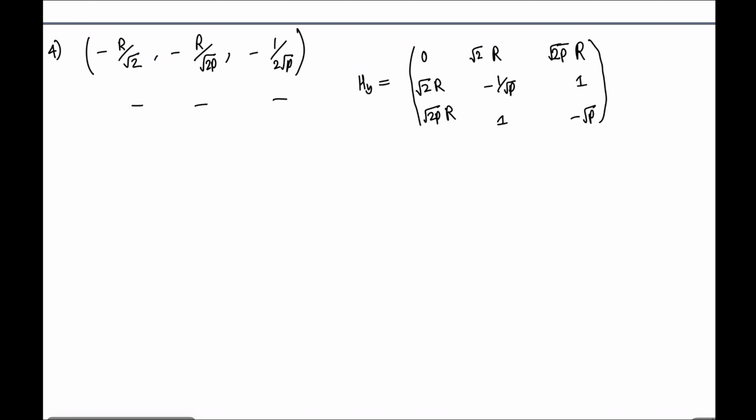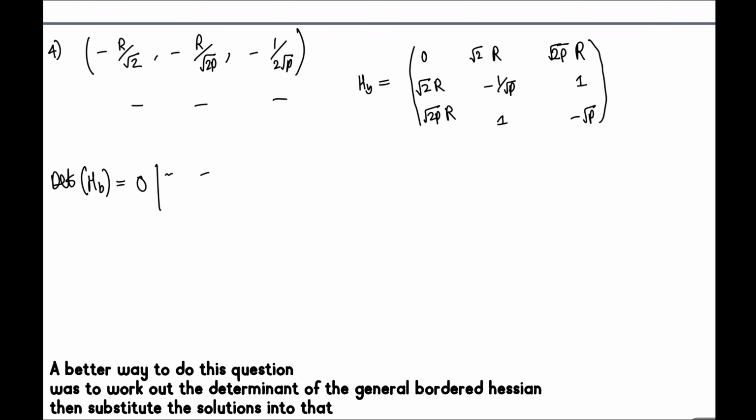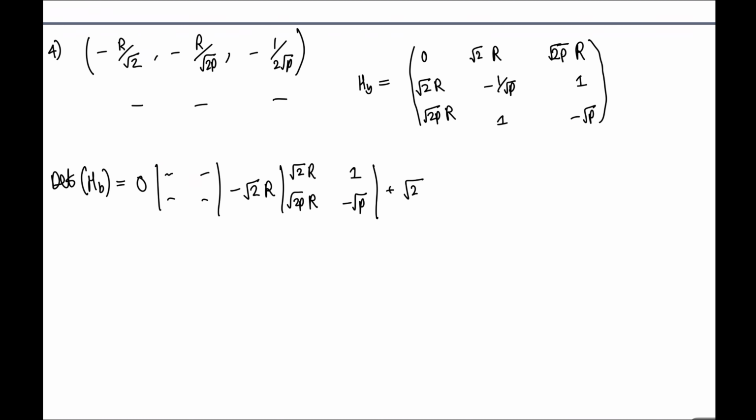Again, working out the determinant and using the top row, we have 0. Once again, this matrix does not matter. Minus root 2r, root 2r, 1, root 2pr, 1, minus root p, plus root 2pr, root 2r, minus 1 over root p, root 2pr, 1.